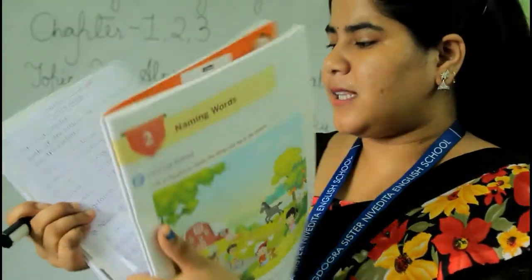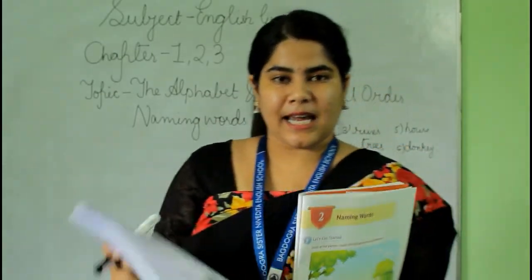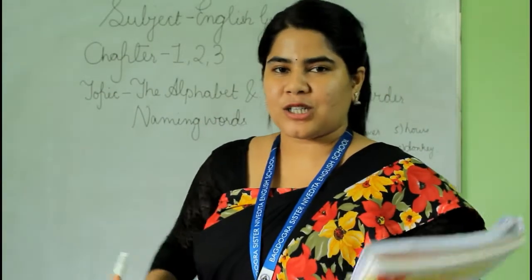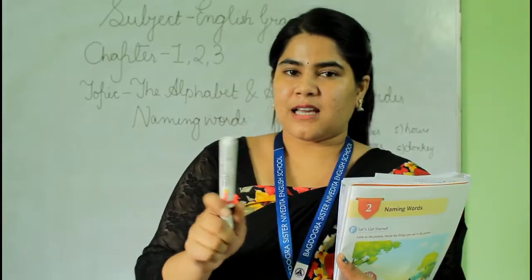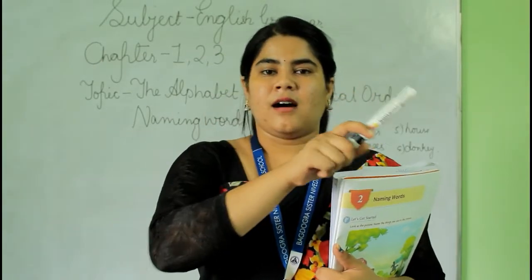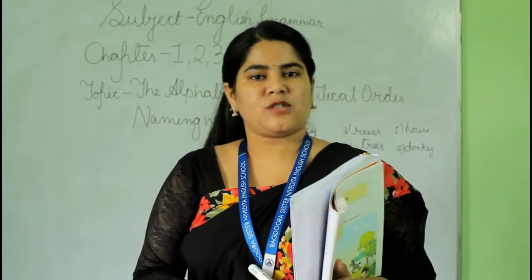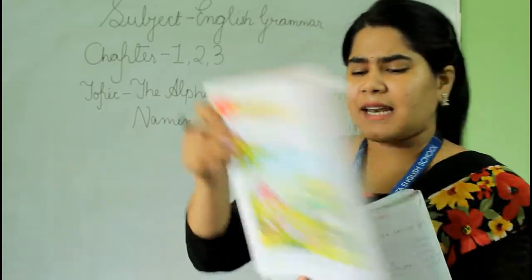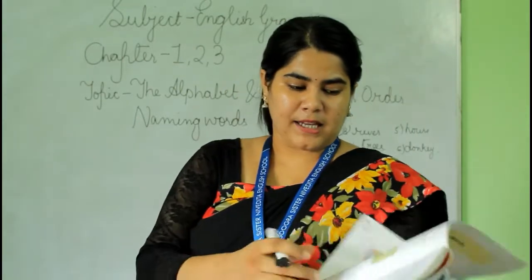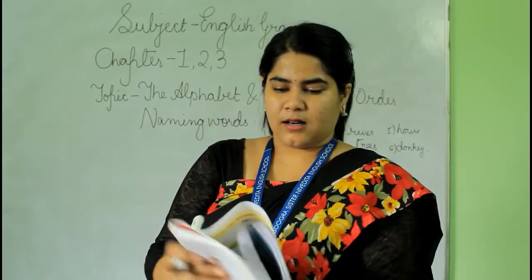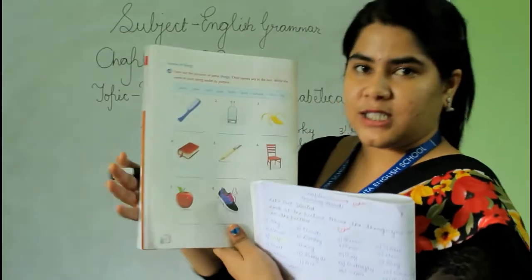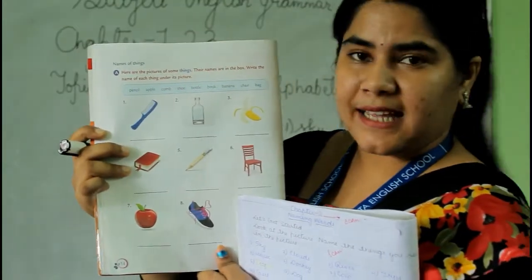In total there are 20 names you have to find out from the pictures. Try to do it by yourself. If you can't, you can visit the school website and collect the materials from there also.